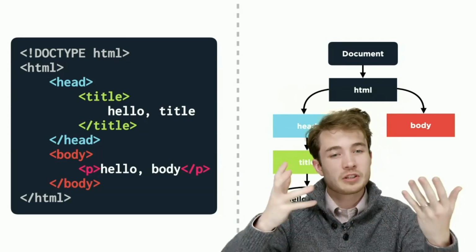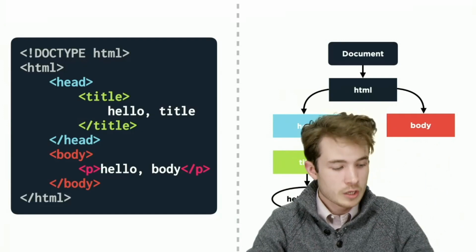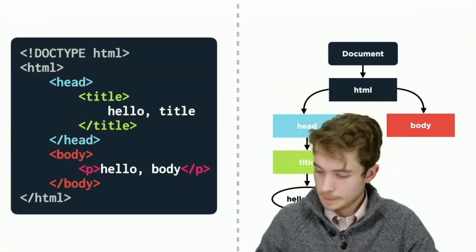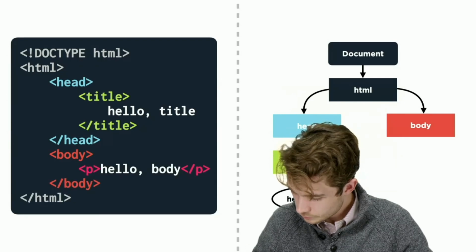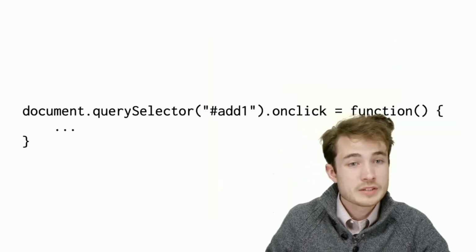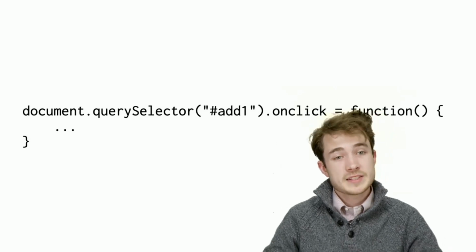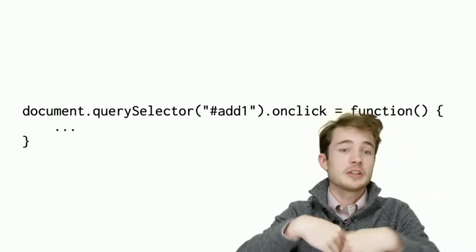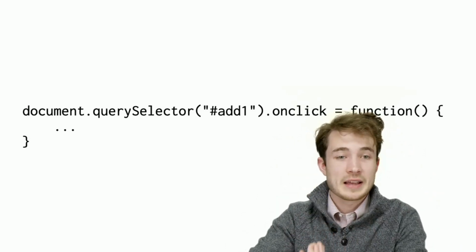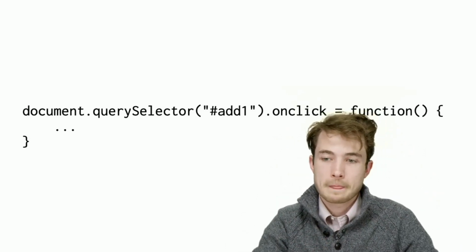And it's a way of kind of starting at the top of our file and moving down. So notice how in our JavaScript code over here, we started with document.querySelector. So that's saying start at the document element, that very top level element, and go ahead and find me that element that has the ID add1.